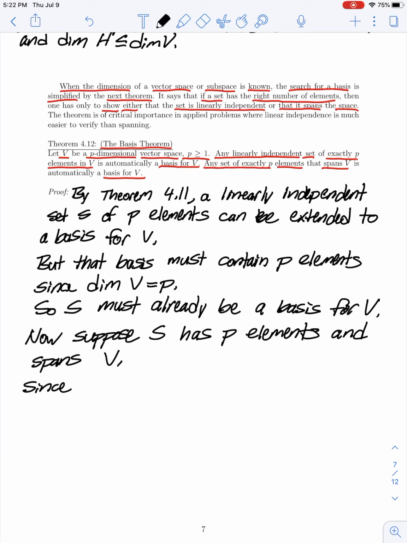Now, in the hypotheses of this theorem, we said that V has dimension at least 1.